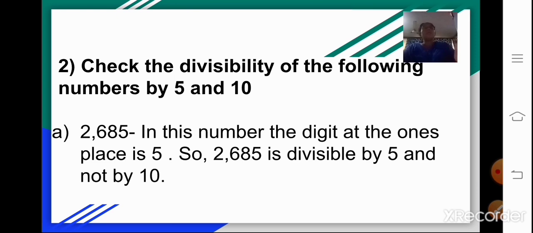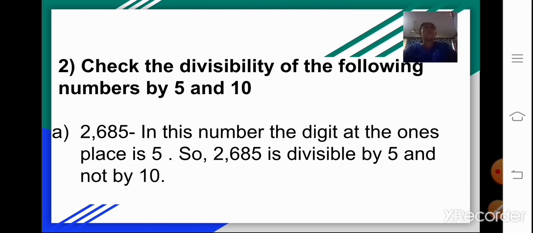Now the first number is 2685. Now the rule for divisibility of 5 says that the number in the ones place should be 0 or 5. Whereas the rule for the divisibility of 10 says that the number in the ones place or the units place should be 0.